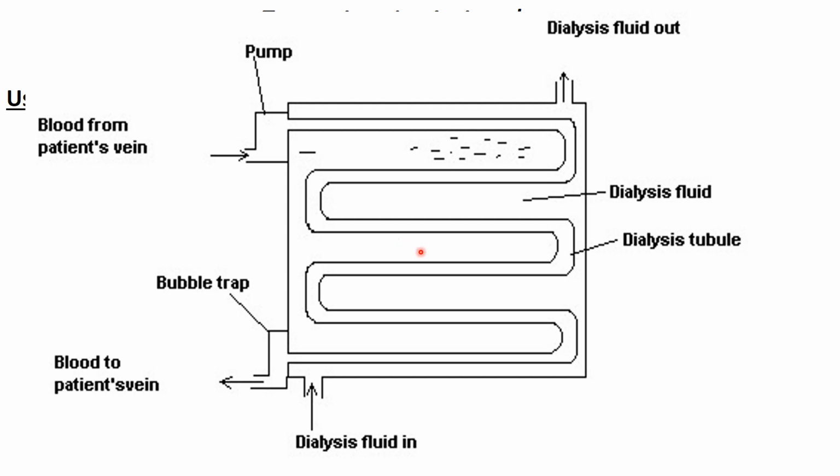The third feature is the way this dialysis fluid flows. The first one was the fact that it is thin and long. The second one is the fact that it is made of a thin permeable membrane. The third one is the fact that the dialysis fluid flows opposite to the blood.